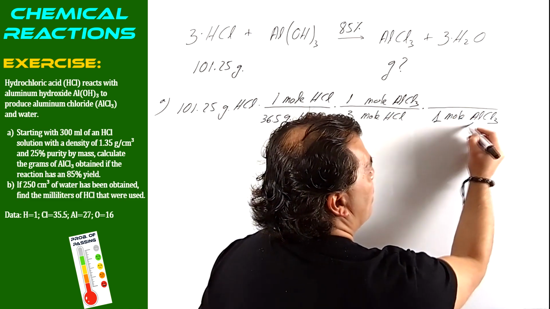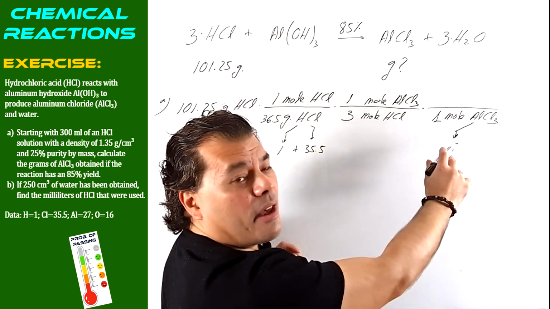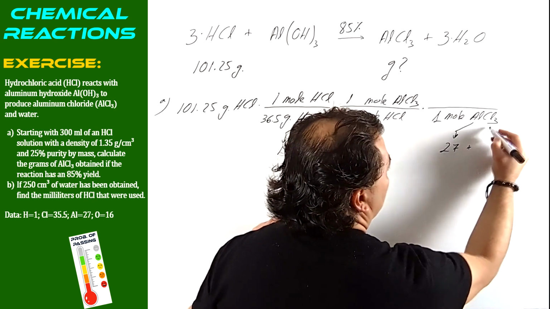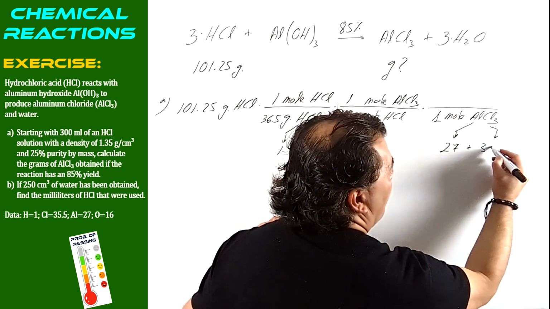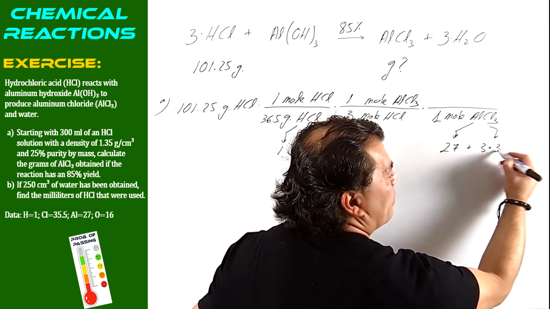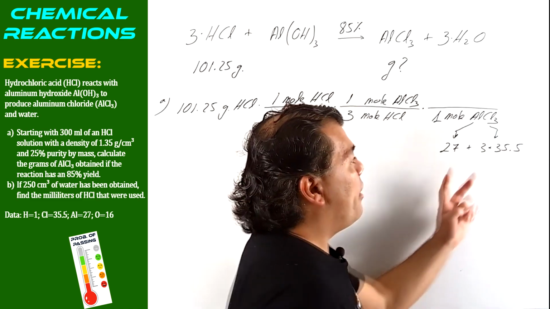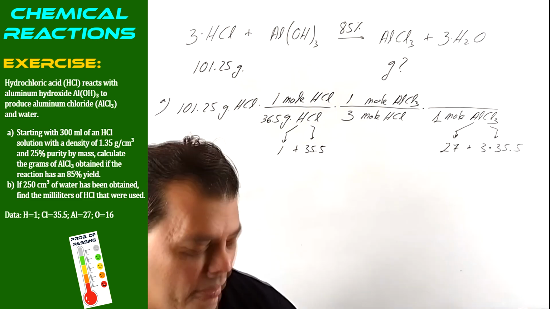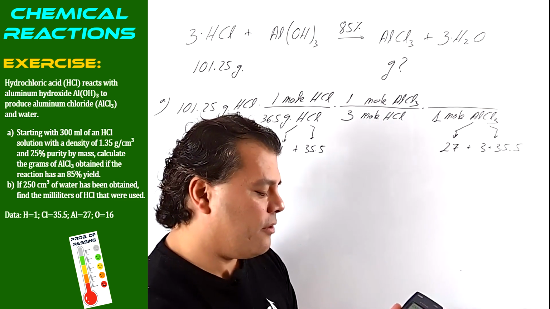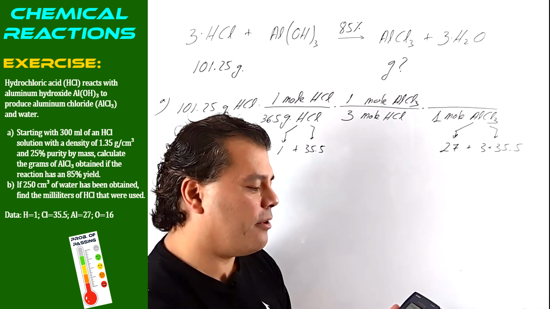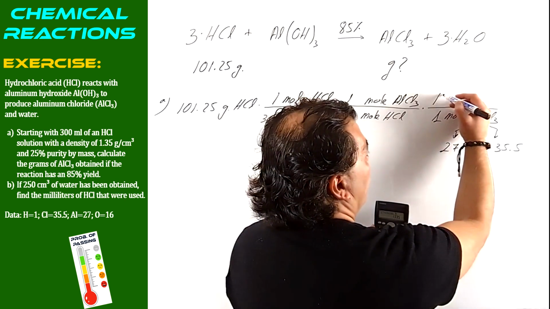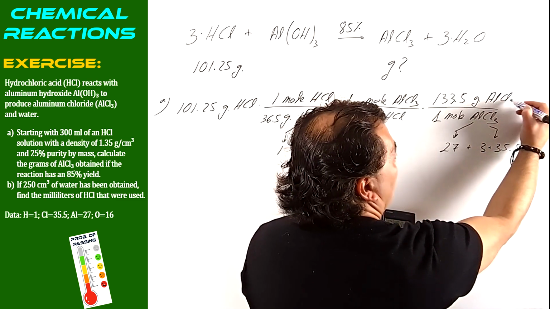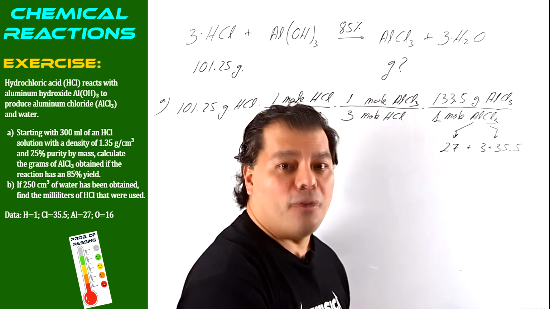And now it's time to add the atomic masses of these atoms. Aluminum, that is 27, plus 3 chlorine atoms, that is 3 multiplying 35.5. Let's use our calculator, and we have 27 plus 3 multiplying 35.5. 133.5 grams of aluminum chloride is 1 mole of aluminum chloride.